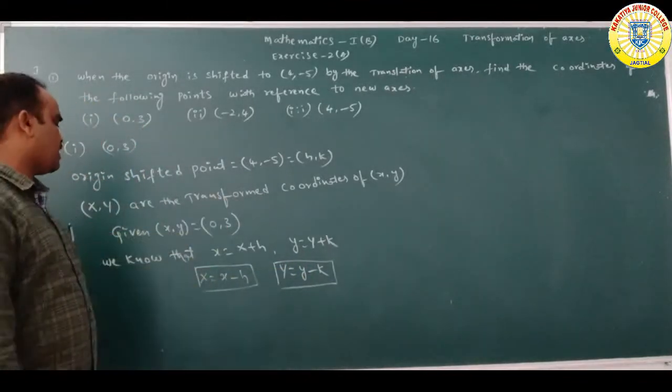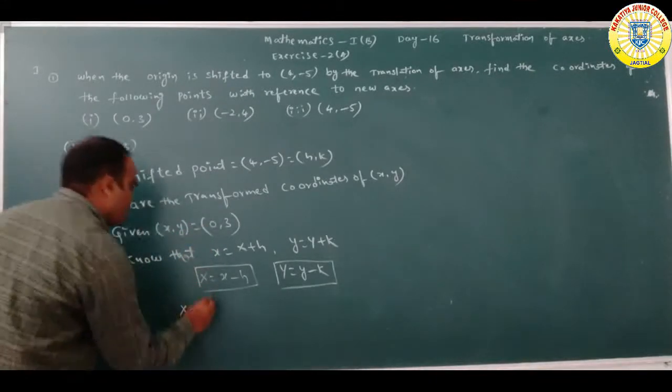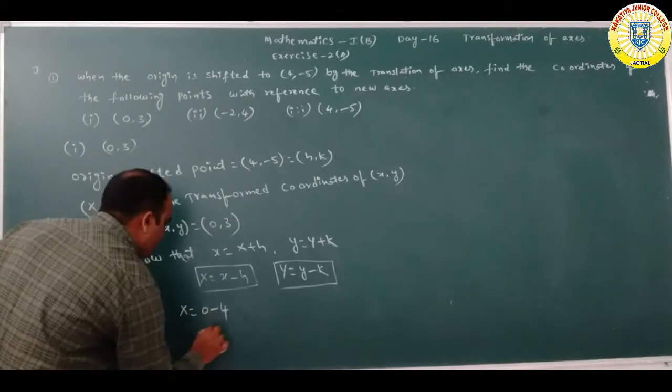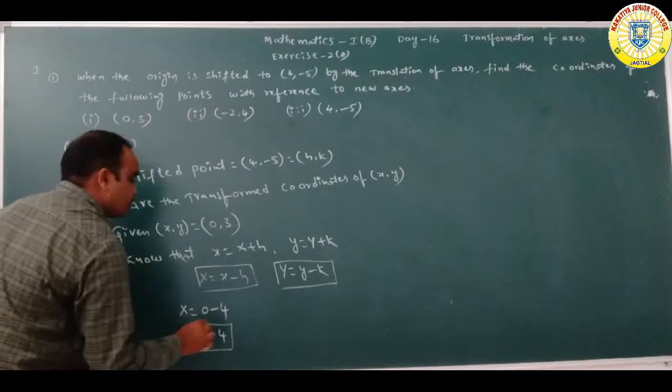We are substituting the values. Capital X is equal to small x minus h, which is 0 minus 4, so capital X is minus 4.